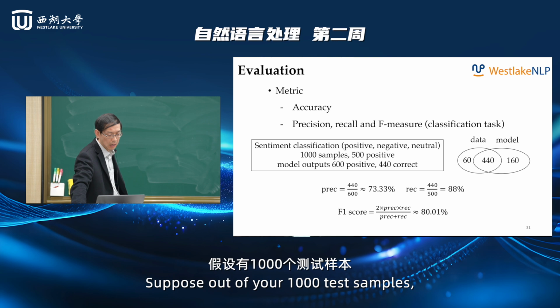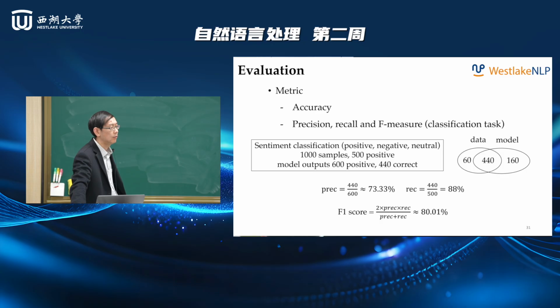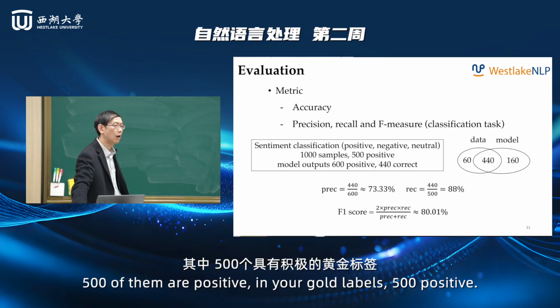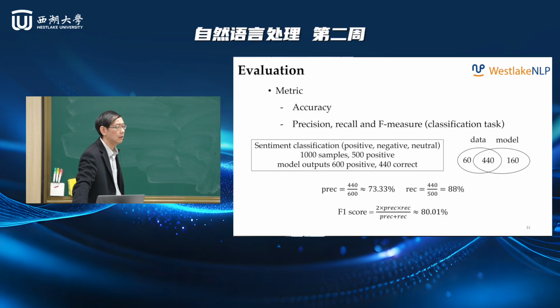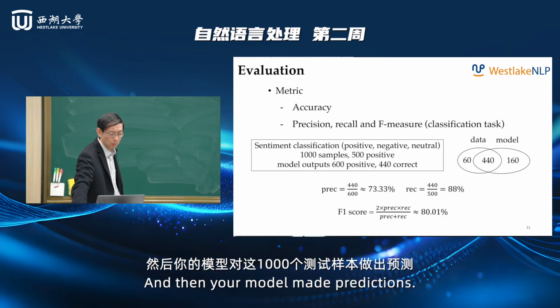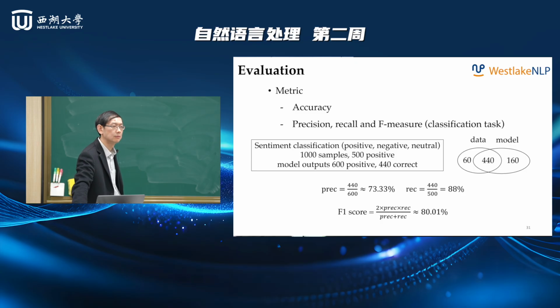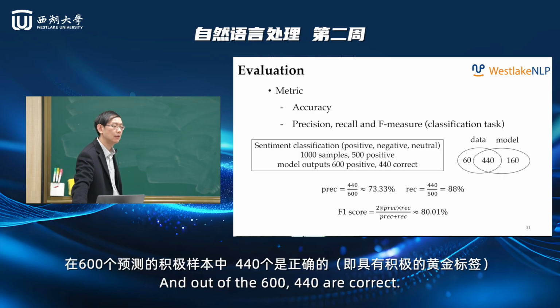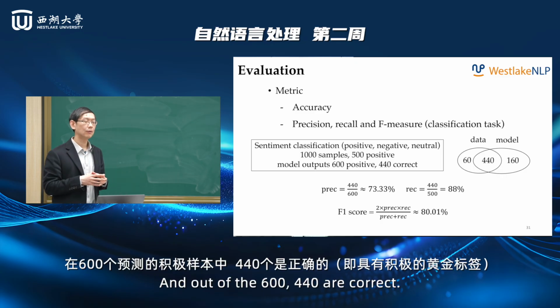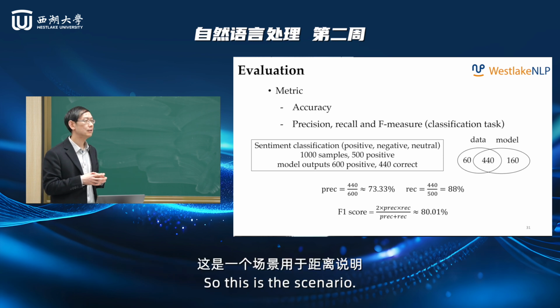Suppose out of your 1,000 test samples, 500 are positive in your gold labels. Your model made predictions, and 600 of them are positive. Out of these 600, 440 are correct. So this is the scenario.